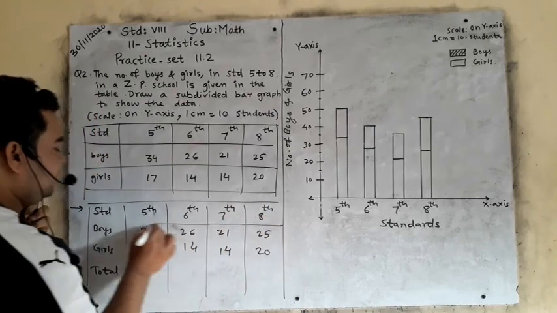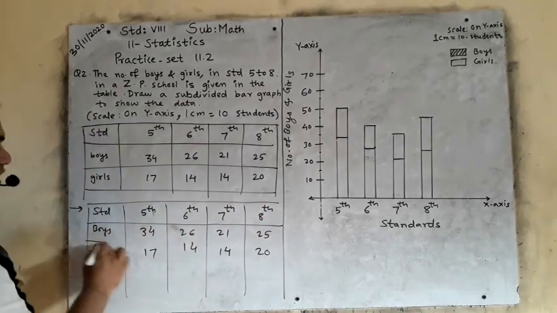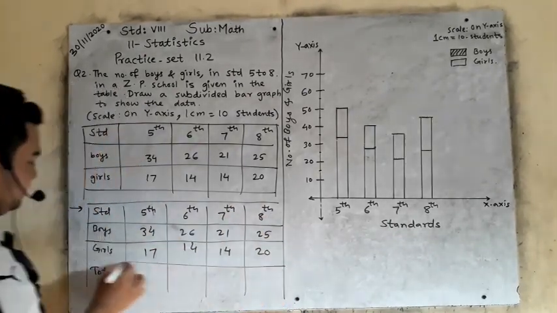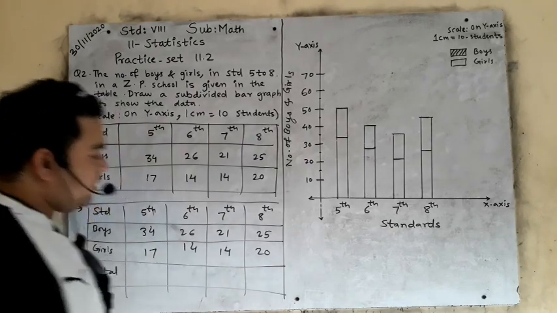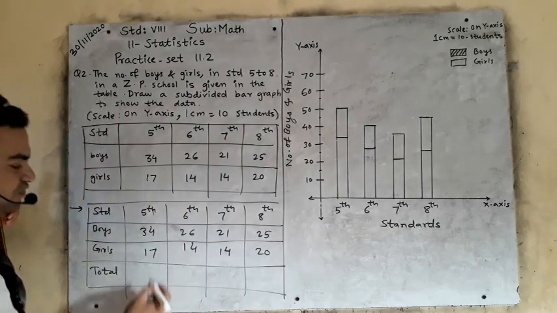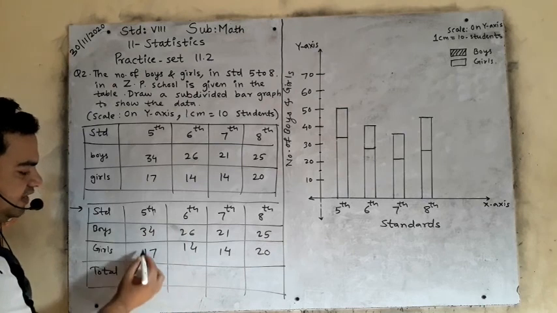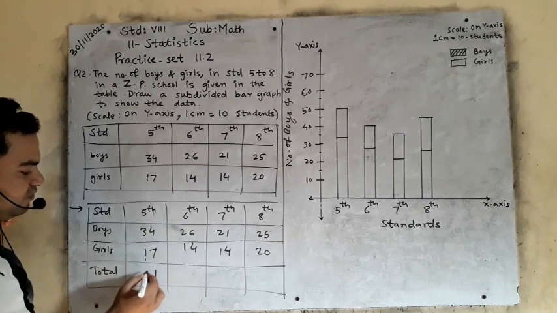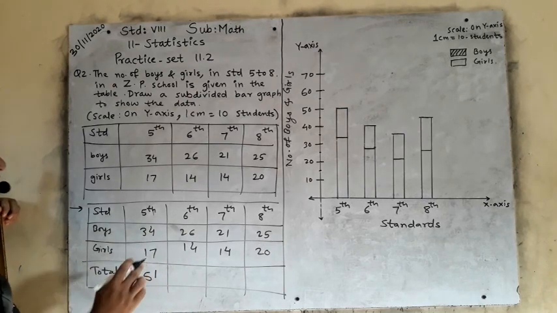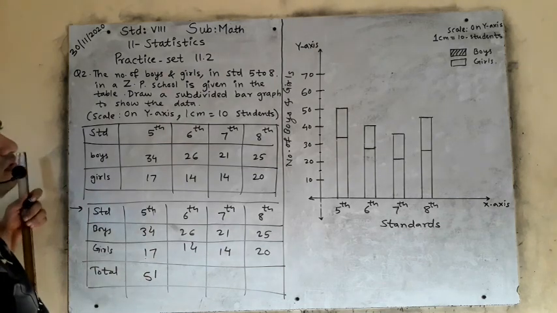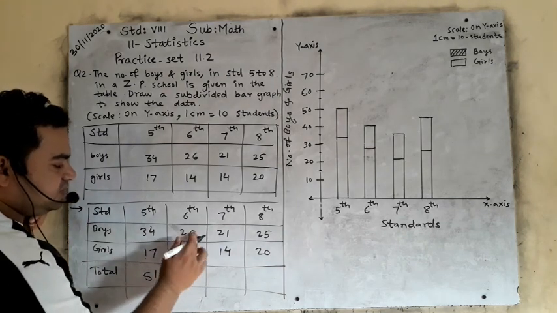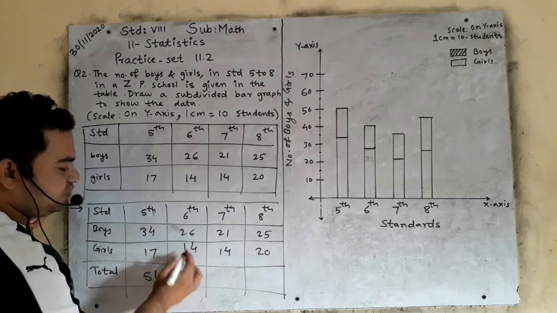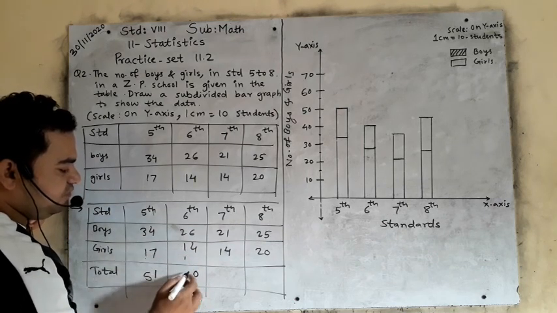You add total when you have to draw a subdivided bar graph. Now I will do the totaling. 4 and 7 is 11, carry 1, so 3, 1 and 1 is 5. So 51. Now the next one. 6 and 4 is 10, carry 1, so 2, 1, 3 and 1 is 4, so 40.